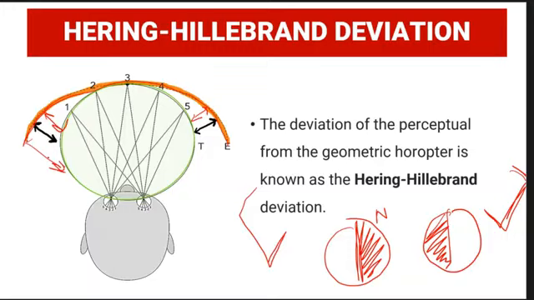You can see the temporal parts in the peripheral areas of either side of the horopter are much wider compared to the center, and that happens because the photoreceptors located on the nasal side are much more in number compared to the temporal hemifields of the retina. Okay, so that is one theory behind why we have this deviation known as the Herring's-Hillebrand deviation. So I hope that is clear.